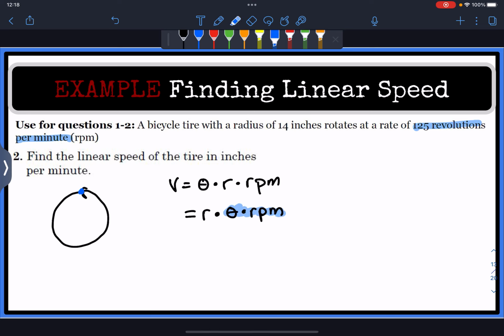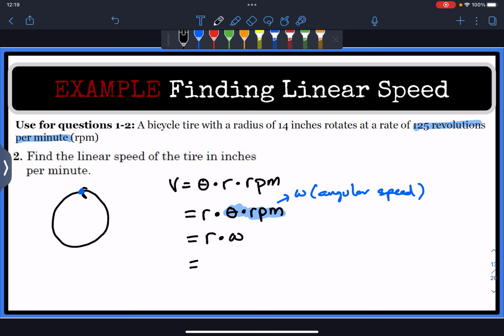We just did this in the last example. This equals omega, our angular speed. So we can figure out our linear speed by simply multiplying r with omega, which we know from the previous answer.